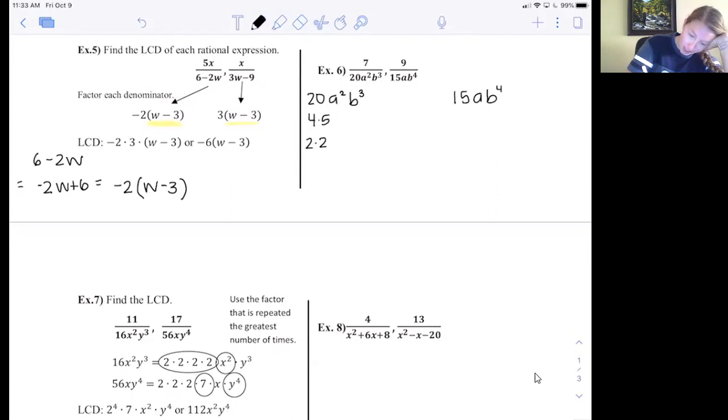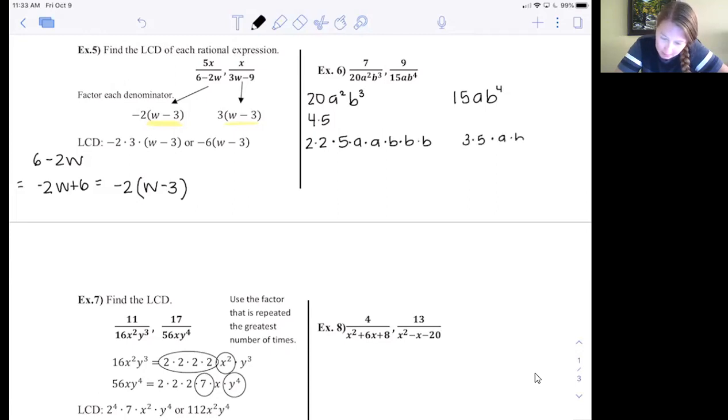So 20a squared b cubed is 2 times 2 times 5 times a times a times b times b times b. Now for 15ab to the 4th, I'm going to rewrite 15 as 3 times 5, and then times 1 a times b times b times b times b.